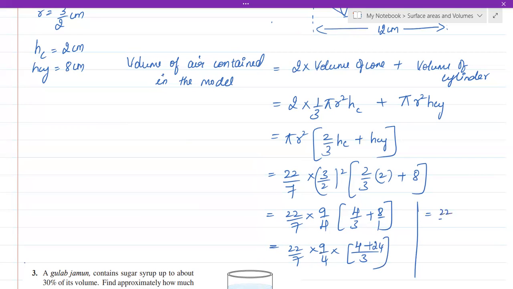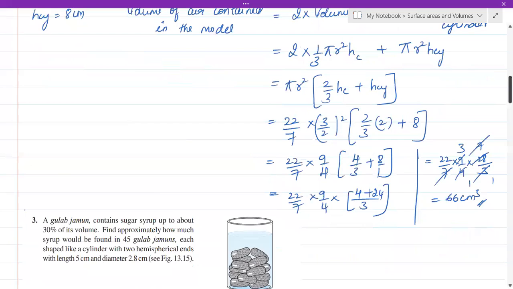So you get 22/7 into 9/4 into 4 plus 24 is 28 divided by 3. So 4 1s are 4, 7 4s are 28, 7 and 7 get cancelled. 3 1s are 3, 3 3s are 9. So 22 into 3 is 66. Therefore, the air contained in the model is 66 centimeter cube. Okay. So we have to draw the model, and based on the model, we will be finding the volume.